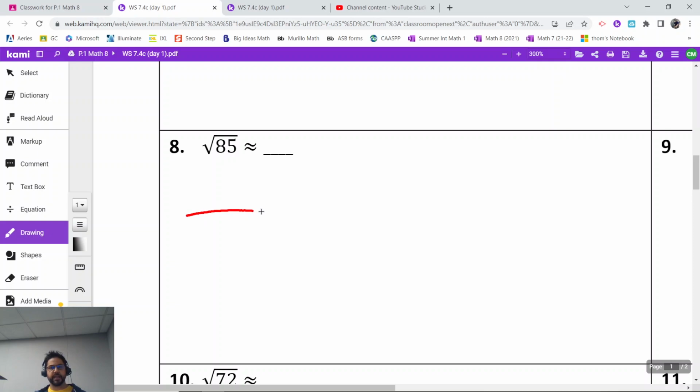So let's go ahead and make our good number line. We know the square root of 85 is going to be in between the square root of 81, which is a 9, and the square root of 100, which is going to be a 10.